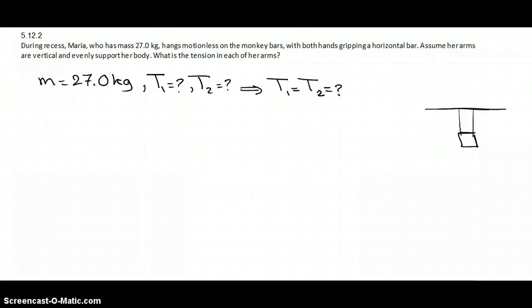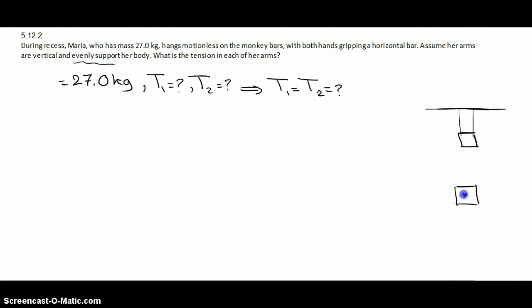Since they said that they evenly support it, it means that her body's forces, the weight and any other forces, if we find any other forces, will be distributed over these two ropes or hands. Okay? So now we will draw Maria's body and try to find the forces acting on it.